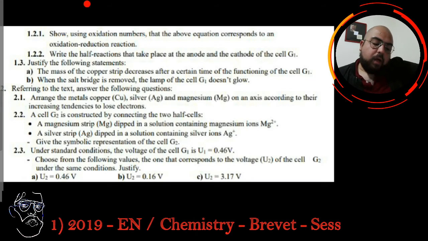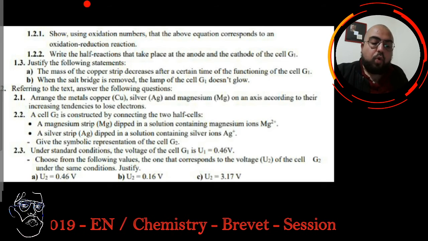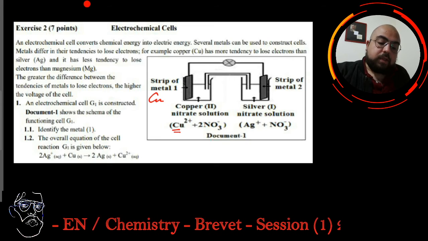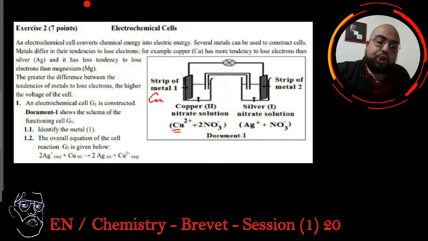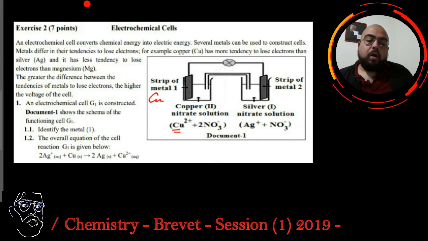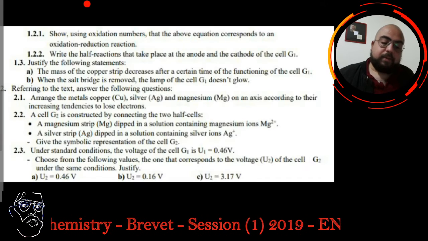All right. Under standard conditions, the voltage of the cell G1 is U1 equals 0.46. So this is the cell G1 that we have, between copper and silver. It has a voltage of 0.46.